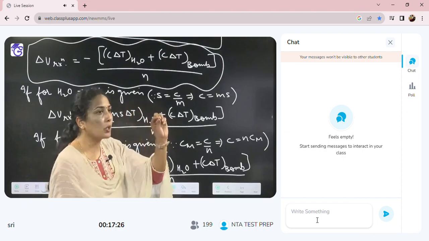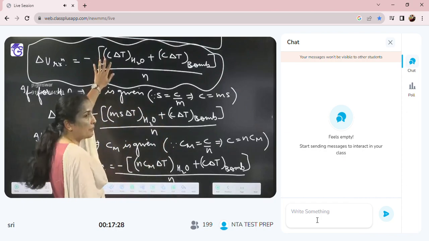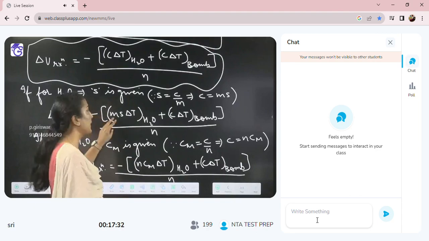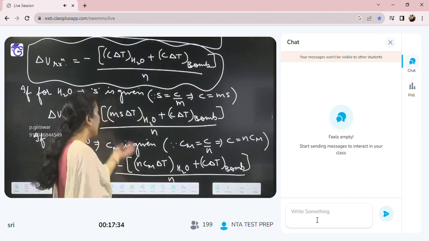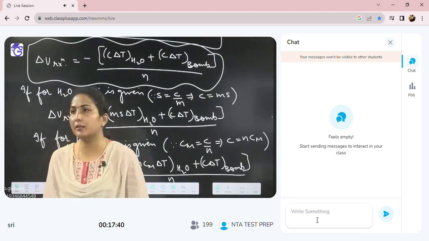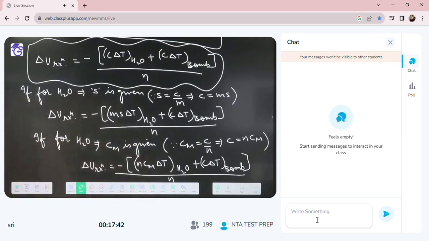And it could be that specific heat capacity is given, in which case C should be replaced by S. For molar heat capacity, it should be replaced by N into Cm. Is this point clear? Then we'll go for solving some questions. So treat the main formula as minus C delta T upon N. We'll solve the question, and you'll understand it in a better way.